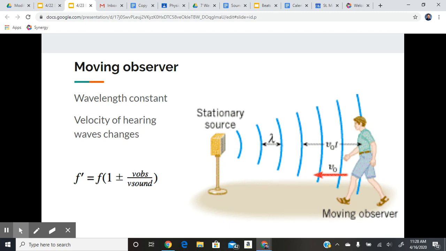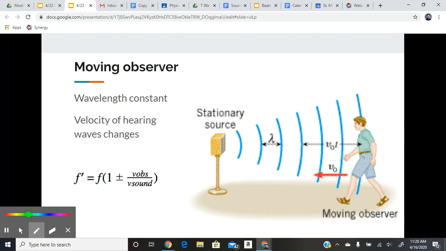If you would rather do that, I think it's easier just to use these equations, but I'll let you make that decision for yourself. Okay, so for this situation, all of my variables are still going to be the exact same. But now let's think about whether my observed frequency is going to be larger or smaller.